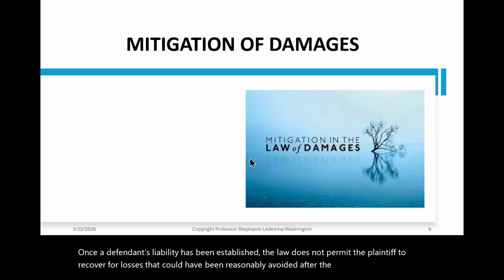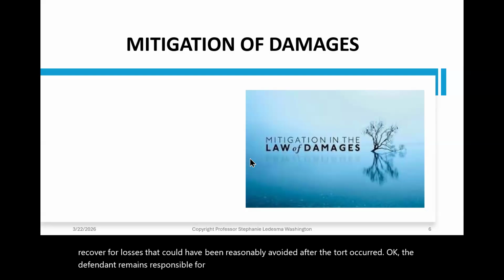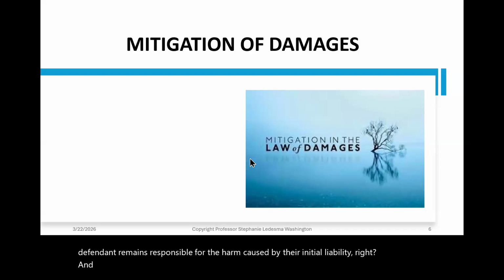The defendant remains responsible for the harm caused by their initial liability, right? And the defendant is responsible for any consequences that may flow naturally from the injury that resulted from their liability.